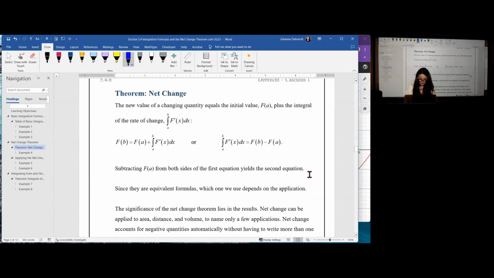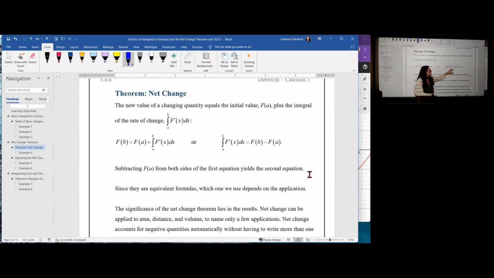The net change theorem says that if you interpret the integrand as the derivative rate of change of a function, in this case, the derivative of the antiderivative, you can then interpret the result as giving you the new value of that function, uppercase F, equal to the original value of the function plus the integral of the rate of change.